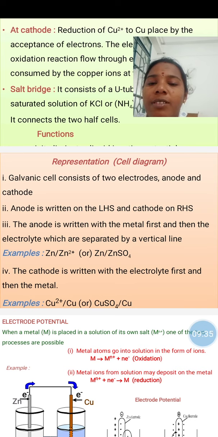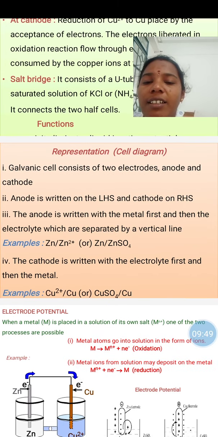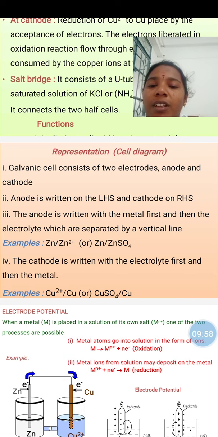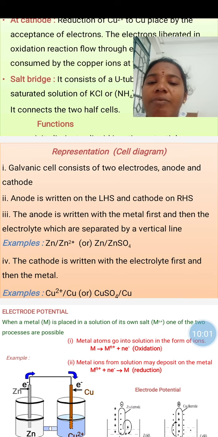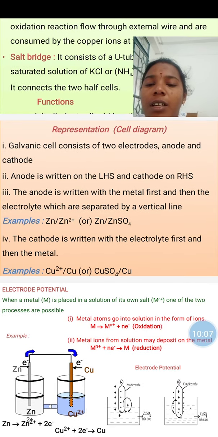The second rule: the anode is written with the metal first and then the electrolyte, separated by a vertical line, for example Zn | Zn2+ or Zn | ZnSO4. The cathode is written with the electrolyte first and then the metal, for example Cu2+ | Cu or CuSO4 | Cu.